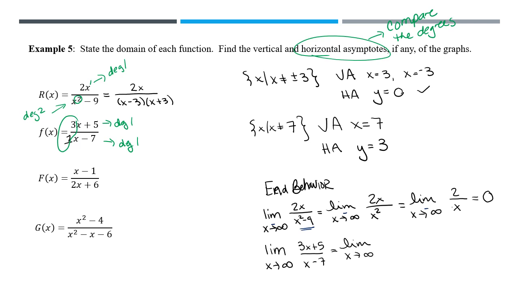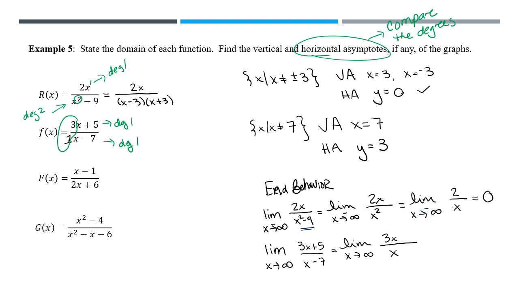So x is going off to infinity, so adding 5 to it doesn't change that number very much. 3x plus 5 is going to be a number very close to 3x if x is a million, or a trillion. So 3 trillion versus 3 trillion plus 5, essentially very close to the same number, right? Same thing in the denominator. Subtracting 7 does not have much of an effect over this x value if x is a humongous number.